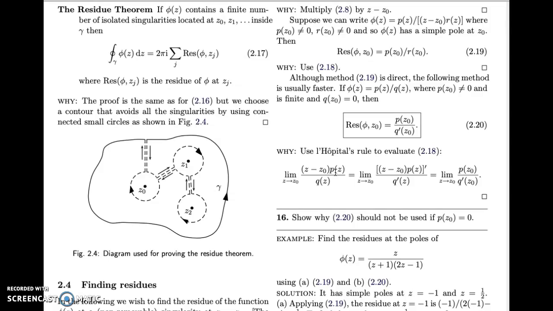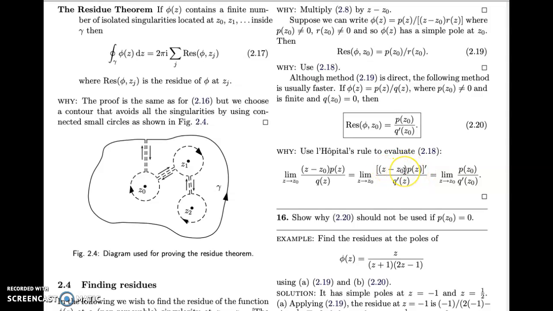Differentiating the top, what does that give us? Well, differentiating the Z minus Z0 will just give us P, and differentiating the P will give us P dash times Z minus Z0. Then we take the limit as Z goes to Z0.